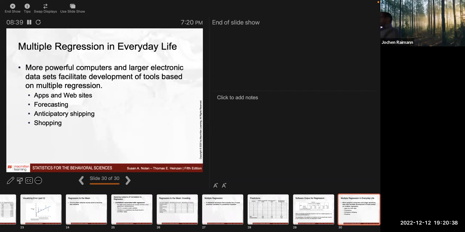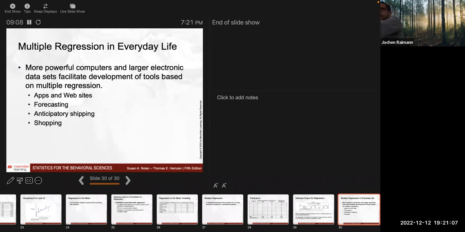But if you have a large supermarket, they know exactly what's coming in. They build models predicting what will be bought tomorrow, as do large online shopping websites that deliver within a day. That's anticipatory shopping, otherwise they would be out of a job. Same thing with shopping: you open your phone, go on any website, and the website is already giving you suggestions of what you will be buying or might be interested in.